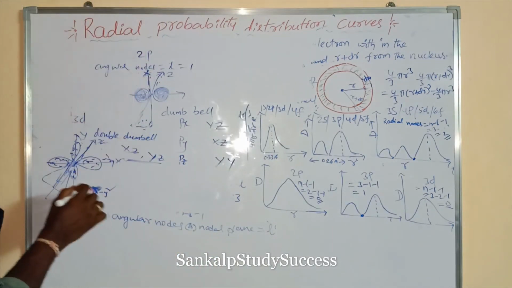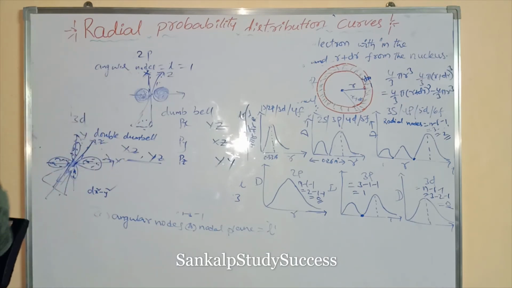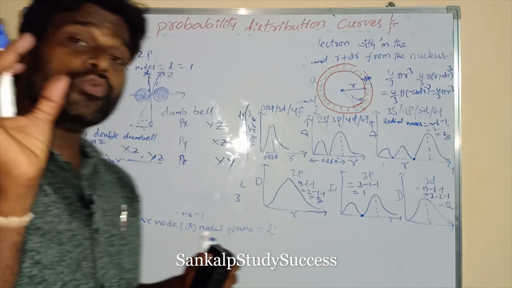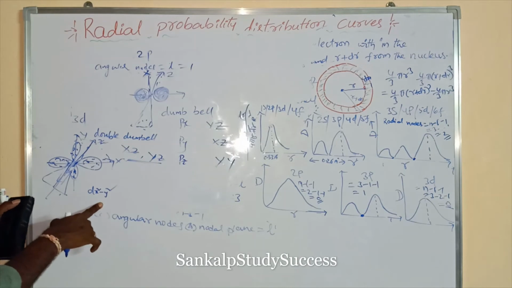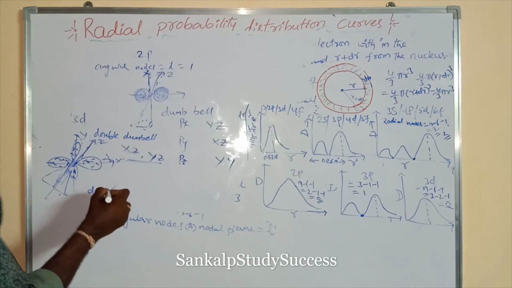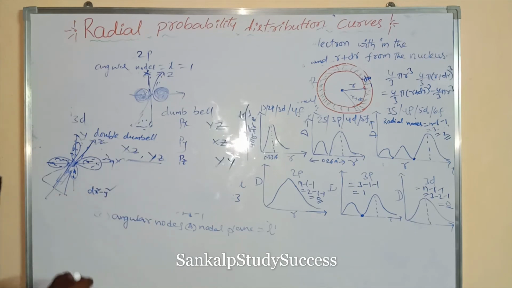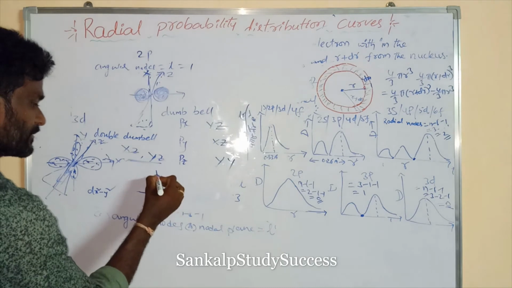So here the probability of finding electron is present in 4 lobes. All these 4 orbitals have 2 nodal planes. If we take dx square minus y square, what are the nodal planes? Xz and yz. Okay, fifth d orbital, what is that? Dz square.